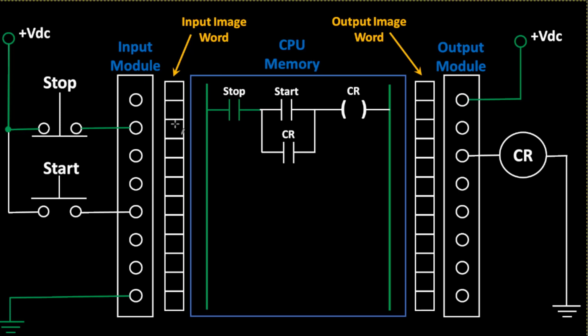That means that there is a binary 1 in this bit position. If you think of each one of those bits as a relay coil, that means that this stop push button is energizing this coil. And the contacts associated with that coil are in their reverse states.